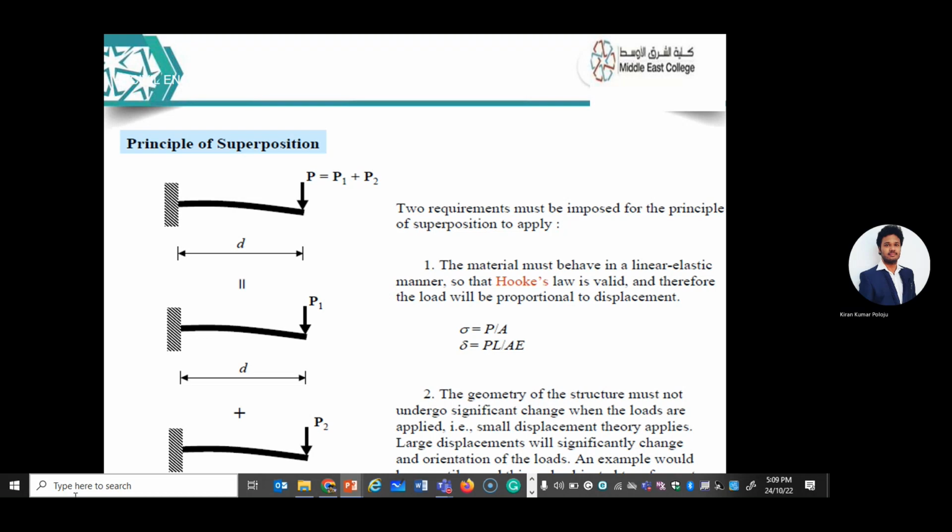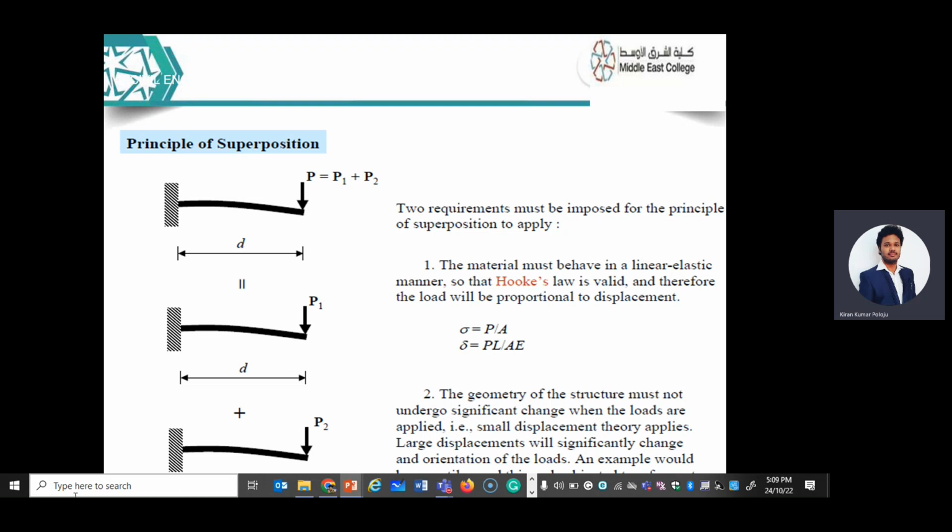So when this material is about to break, that is called yield stress. That is called yield point. When I'm applying load and I come to know that it is about to break, that is called yield point.